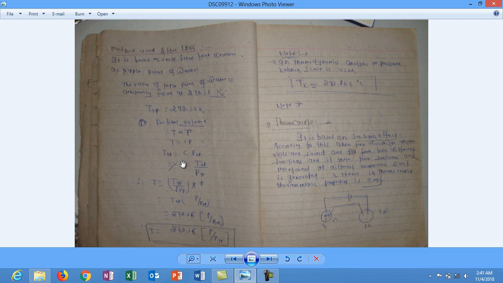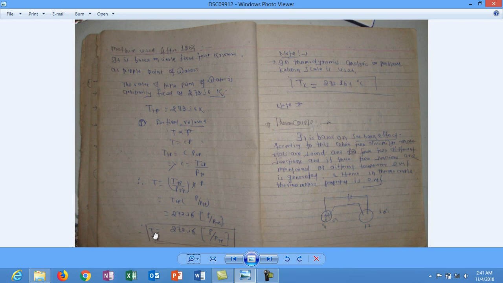Now we have to put the value of the constant in this equation. If you put the value of C, we get T = (TTP / PTP) × P, which after arranging is TTP into P by PTP. We know that the triple point temperature is 273.16 degree Kelvin.